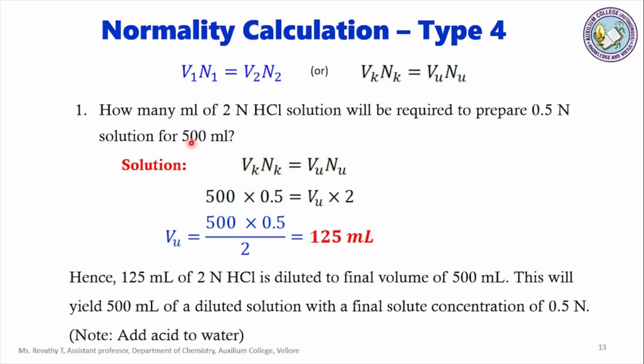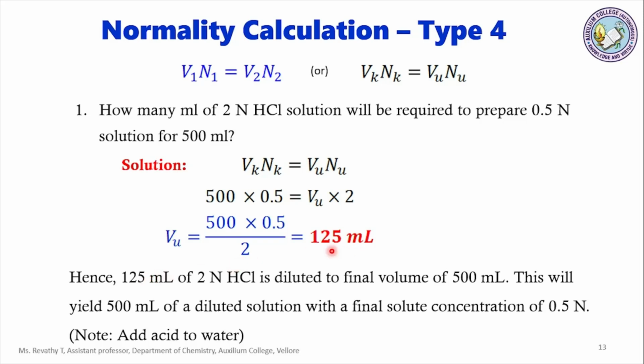So VK is for the solution to be prepared. So what is the volume of solution to be prepared? 500 ml. What is the normality of solution to be prepared? 0.5. And we don't know the volume of solute to be taken. And what is the normality of solute we have? 2N. So on substituting, we can find the volume of solute that needs to be taken. We have found it to be 125 on substitution.